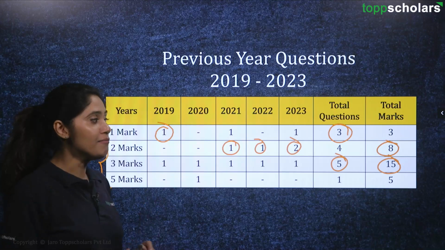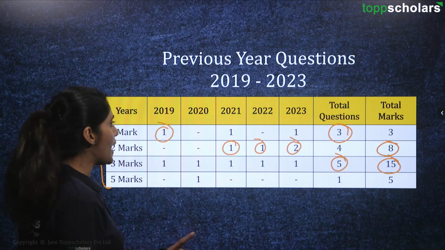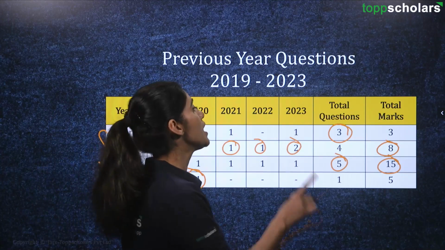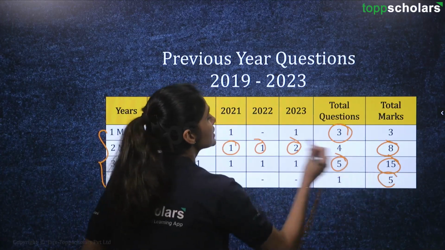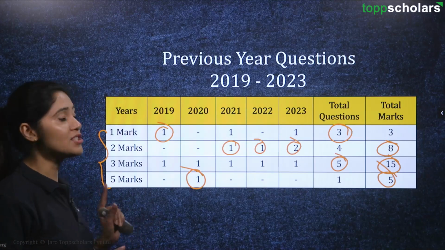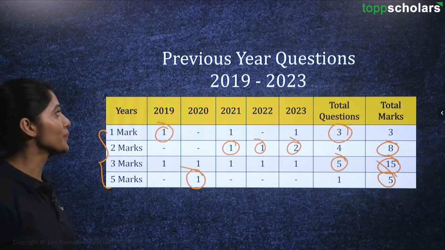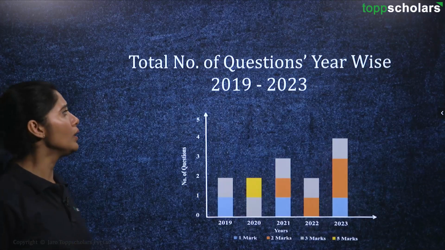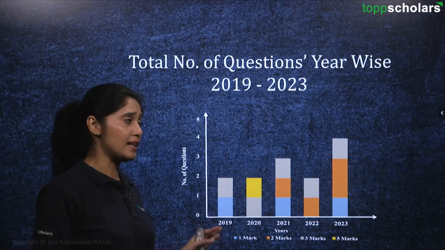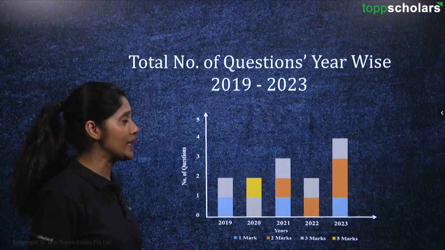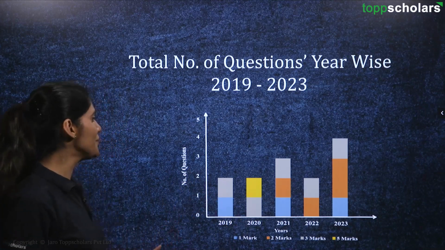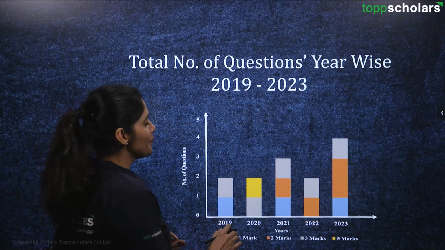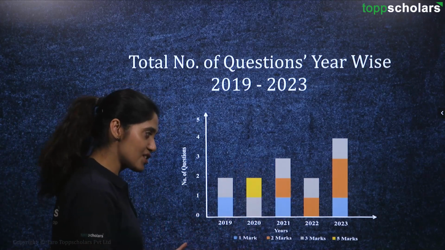Now for 5 marks questions, we have had 1 question in 2020 that we will be discussing in detail. So total 5 marks question we have from this chapter in long answer. If we see the graphical representation of all the year wise questions asked from 2019 to 23, we can see that every year we have had at least 2 questions from this chapter.